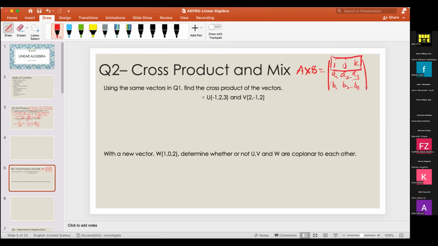Okay. And now we find the cross product of the vector U times V. The result is I, J, K, negative 1, 2, 3, 2, negative 1, and 2, which is equivalent to I. And if you remember the matrix of coefficients, if we're doing cofactor expansion, this is the matrix: plus, minus, plus, and so on, minus, plus, and so on, plus, minus, minus, plus, and so on.